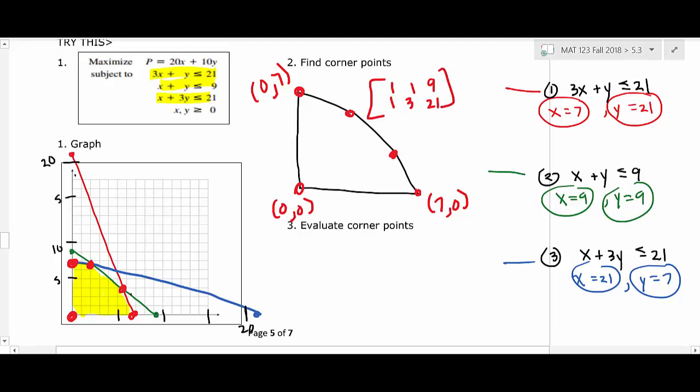You don't use all three; you have to do 2 at a time, because you won't get anything if you do that. The other one is the green and red. The red one is 3, 1, 21, and then the green one is 1, 1, 9. You just have to keep track of which equations are being intersected. That's why I use colors.